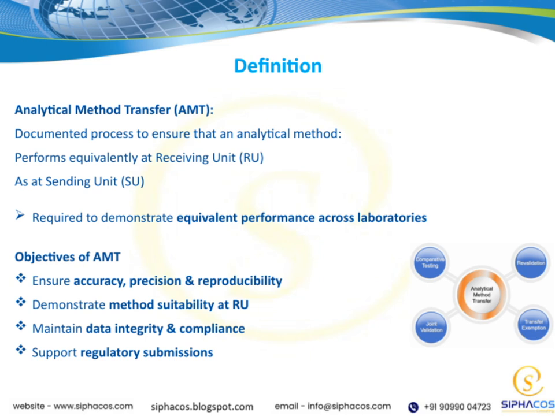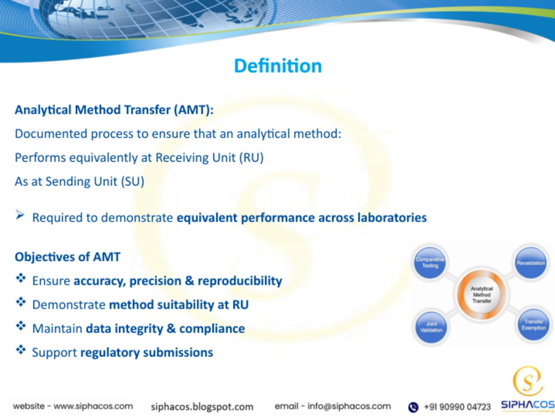Now, why do we focus on this? Well, the main objectives of AMT are to ensure that the method is accurate, precise, and reproducible. These are the cornerstones of reliable data. We also want to demonstrate that the method is suitable for use at the receiving unit, which means it meets all necessary performance criteria.